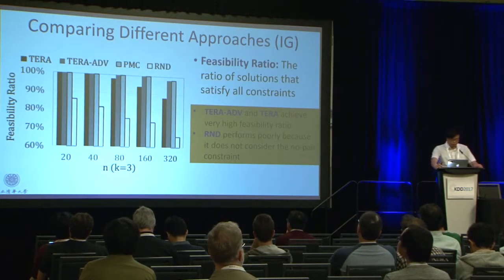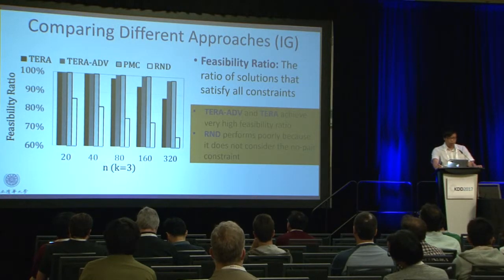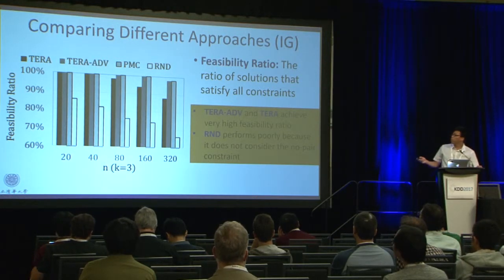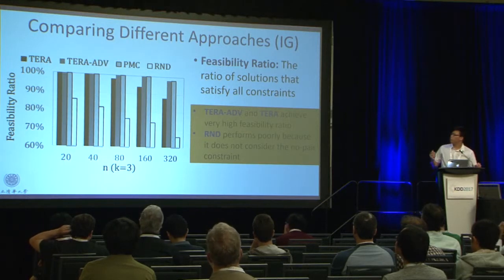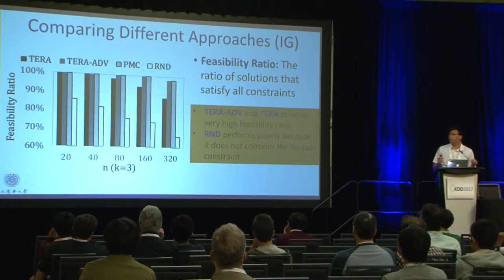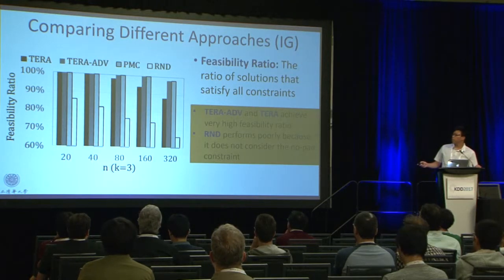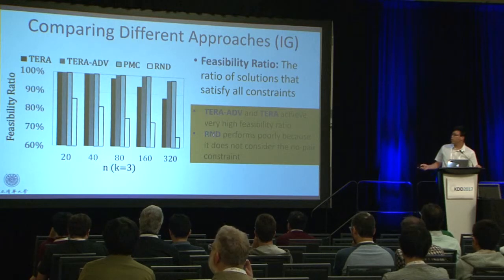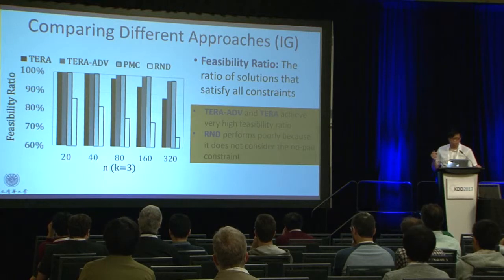Finally, we compare the feasibility ratio of the different approaches. Here, the feasibility ratio is the ratio of solutions that satisfy all the constraints. Our algorithms, TERA and TERA-ADV, achieve a very high feasibility ratio, whereas RND, the random one, performs poorly because it does not consider anything about the no-pair constraint.